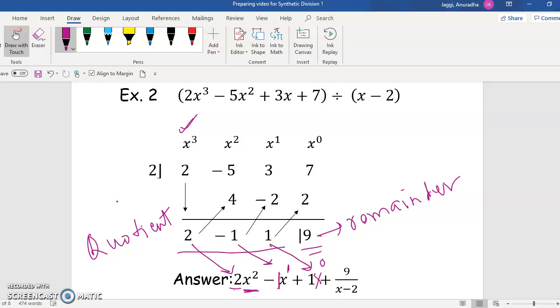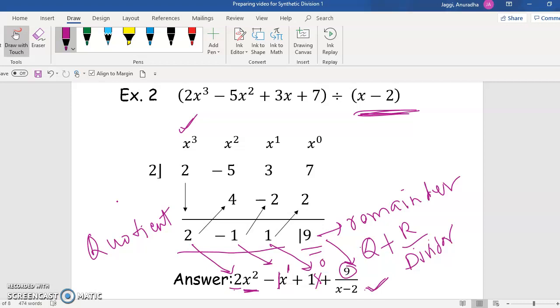And we remember from long division that the answer is written as quotient plus remainder divided by the divisor. So the remainder is 9, and the divisor is x minus 2, which we copy down here.